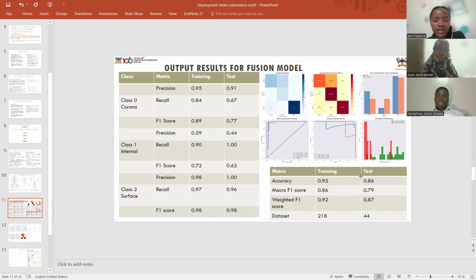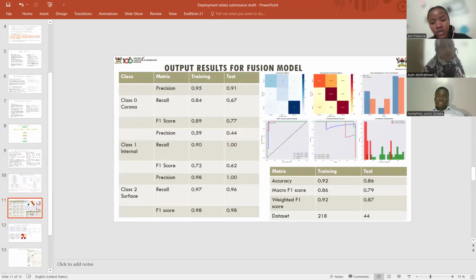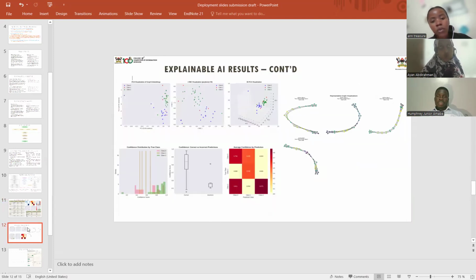And of course, the data set, we had fewer pseudo labels, just 44 in the validation set, which brings in room for more data collection in order to generate a higher quality of pseudo labels.